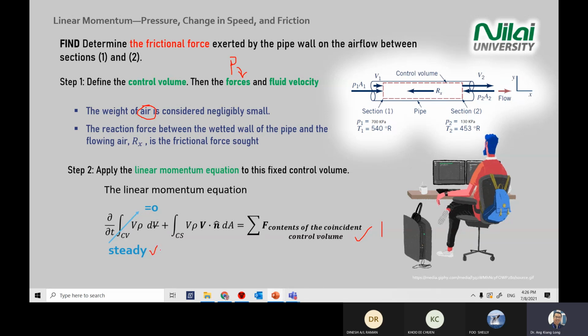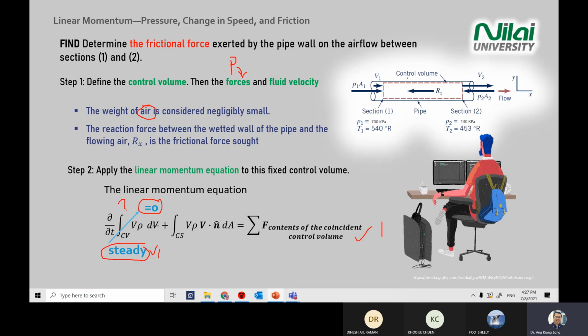This combination gives you another 1 mark, to show that you know what happens to the steady flow in this linear momentum equation. If you just cancel with an arrow and do not give me this statement, then I will just put a question mark in your answer, and you will lose this 1 mark. So it's easy to score, but if you are careless, you will lose some marks there.